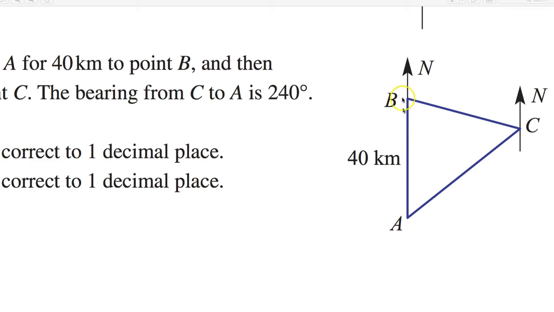Remember? What else can I work out, this one up here where my cursor is? That's 80 by alternate. And now you can work out this angle in the triangle. Did you know actually you can work out this one down here as well, watching. If the whole thing's 240, then where my cursor is is 60, right?